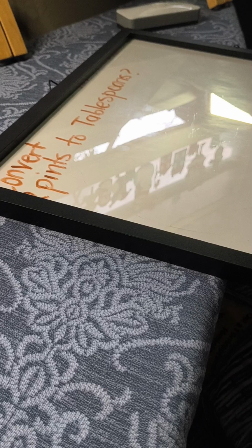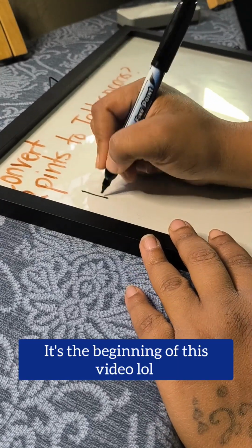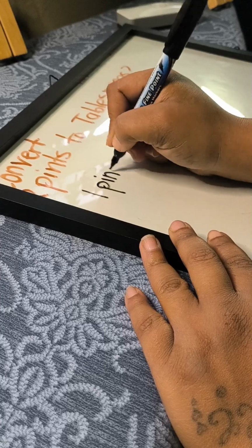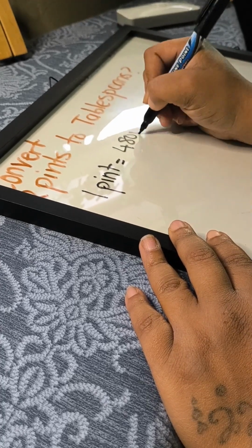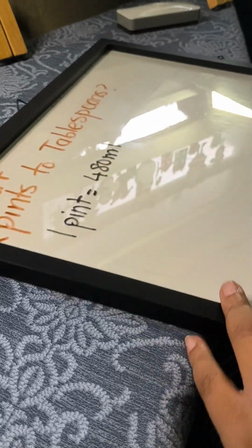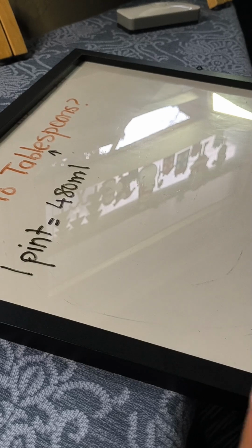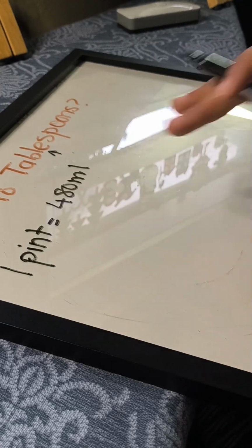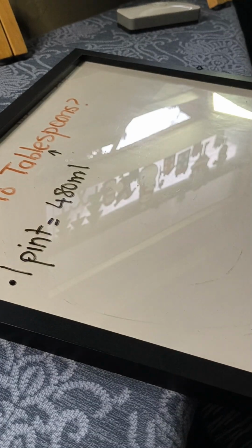So I know in my conversion factors that 1 pint is equal to 480 milliliters. I know that. We're trying to get to tablespoons, so we have to break it down as we go. It's easier to break it down this way. 1 pint is equal to 480 milliliters. This is what I know, right? That's the conversion factor.